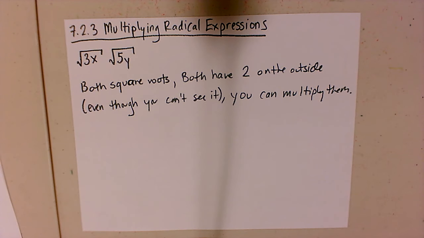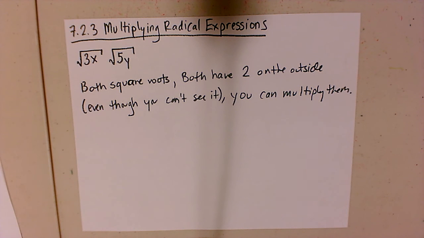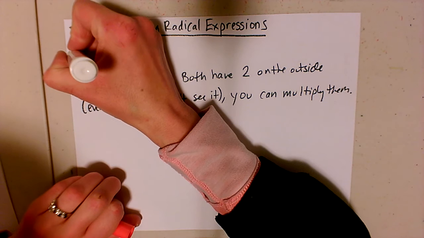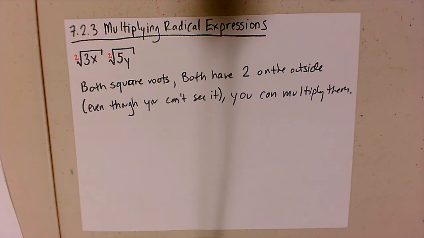So when we have square roots like this, you can assume that their root is 2, even though you can't see it. So you can assume that you have a little 2 right there.